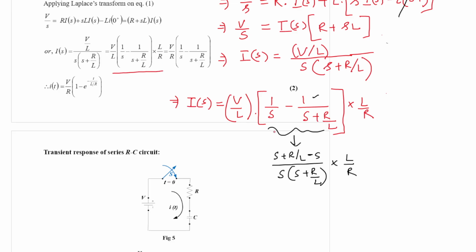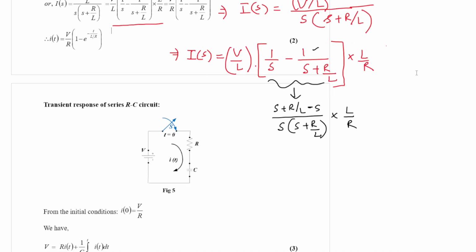So I(s) will be equal to, this L and this L get cancelled, so it will be V by R into 1 by S minus 1 by S plus R by L.